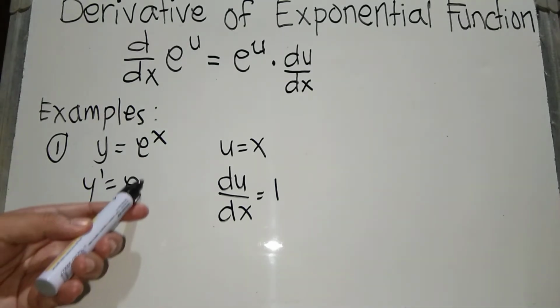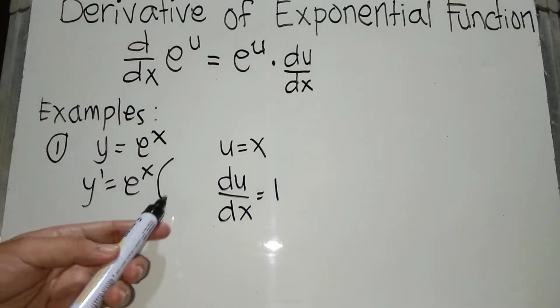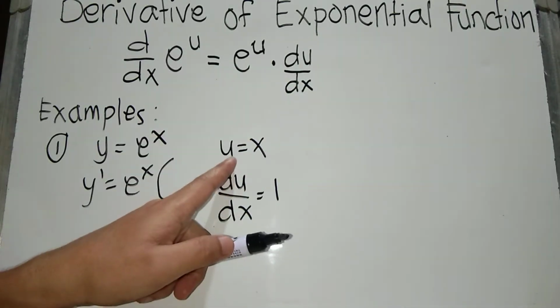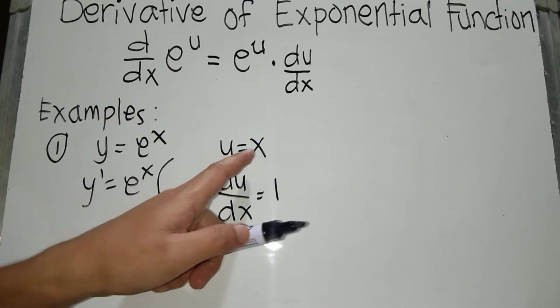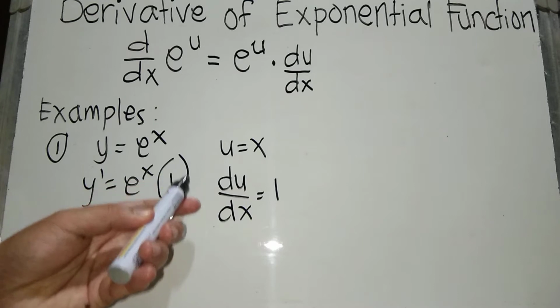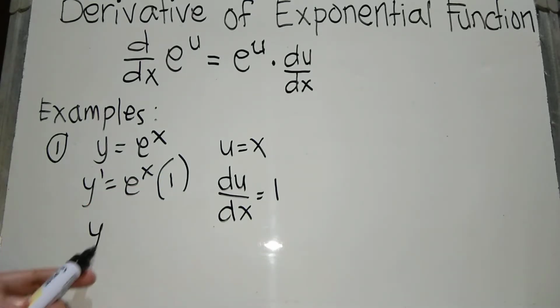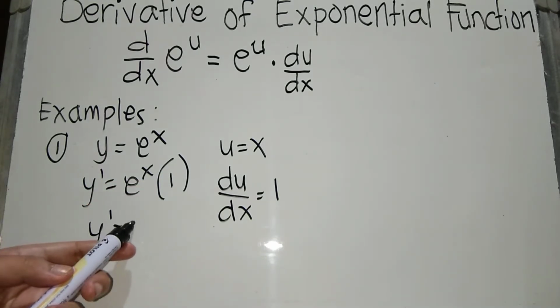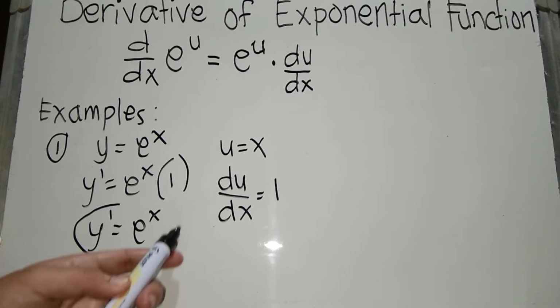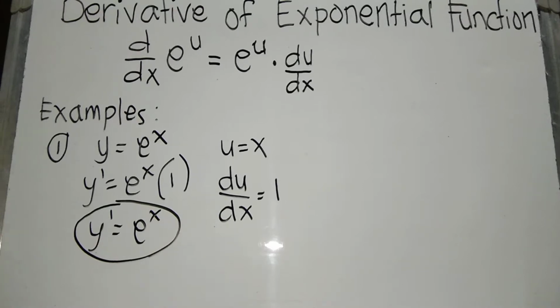So you have e to the x and multiply that with the derivative of your u. In this case, the derivative of our u, which is x, is 1. So this is now times 1. Simplifying, e to the x times 1 is e to the x. This is now our derivative.